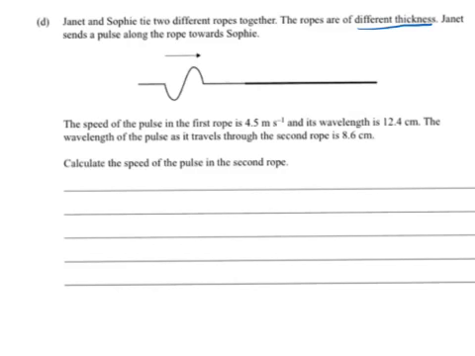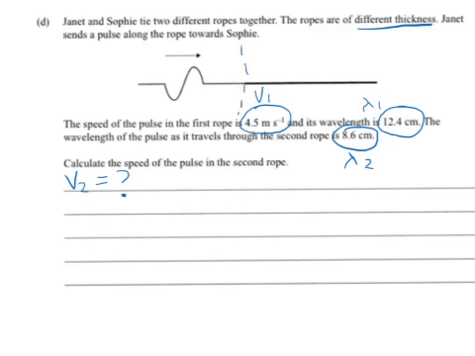The speed of the pulse in the rope is 4.5 meters per second, and its wavelength is 12.4 centimeters. The wavelength of the pulse as it travels through the second rope is 8.6 centimeters. So we've got a wavelength 1, and we've got a wavelength 2, and we've got a speed 1, and the question is calculate the speed of the pulse in the second rope. So that's going to be our speed 2, which we're trying to work out. And here's our kind of dividing line. This side is 1 and this side is 2.